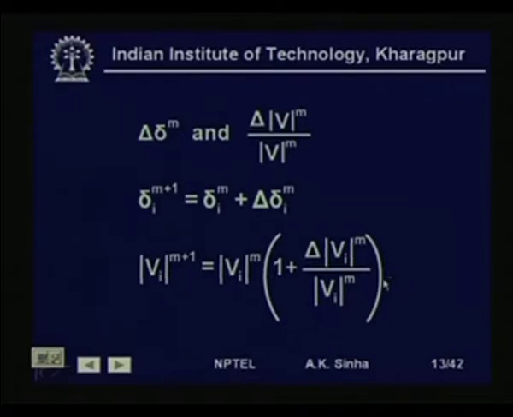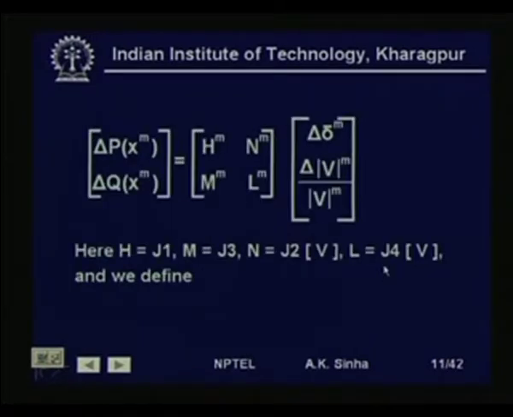Now, what we have done here is modified our Jacobian matrix terms in such a way that we do not need to compute all the terms.